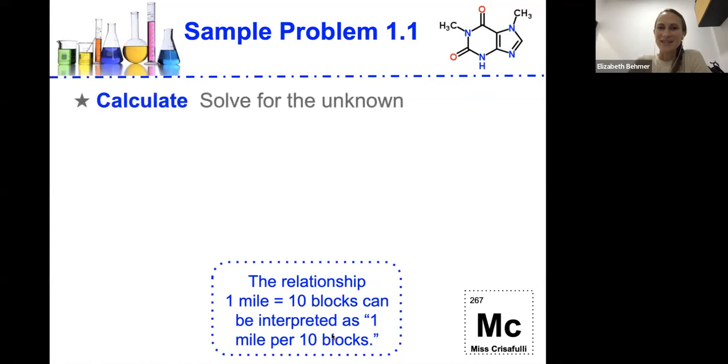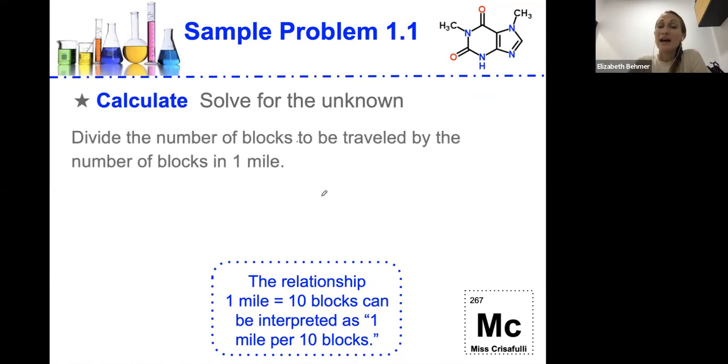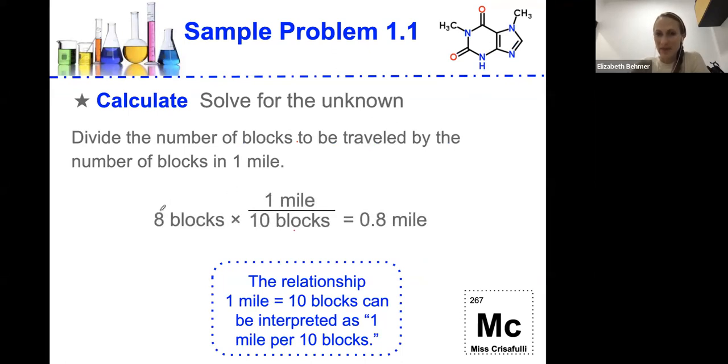Then we calculate and we solve the problem for the unknown. So we divide the number of blocks to be traveled by the number of blocks in 1 mile. If we look at this relationship, 1 mile is equal to 10 blocks. That can also be interpreted as 1 mile per 10 blocks. So we're taking 8 blocks and multiplying it by our conversion, 1 mile per 10 blocks, to get the distance in miles that we'll be traveling.